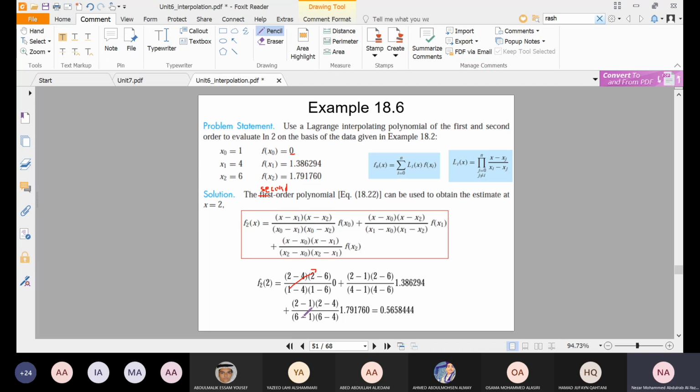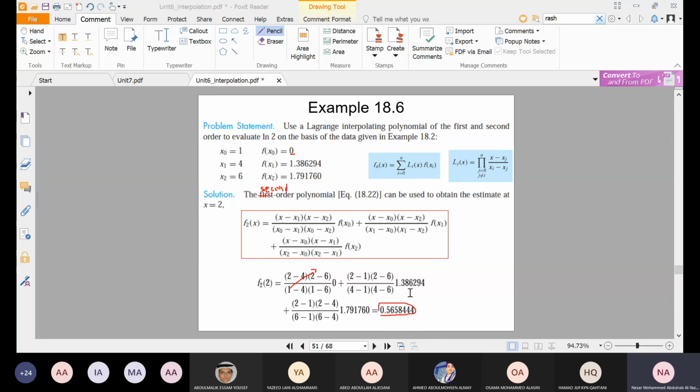And this will be the additional term here. Then we have 2 minus x0 multiplied by x minus x1 over x2 minus x0, x2 minus x1, multiplied by the function at x2. So this will be the estimation by using the second order.